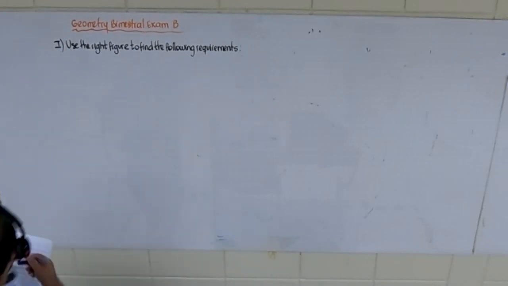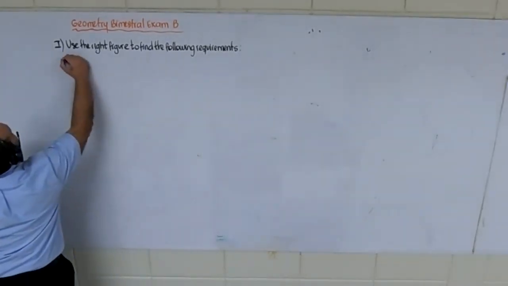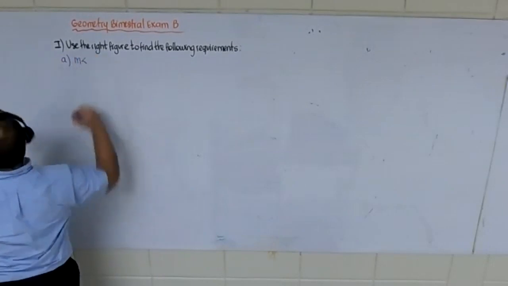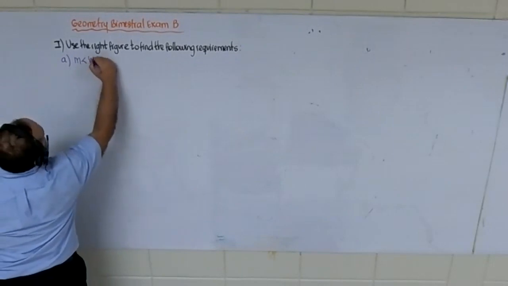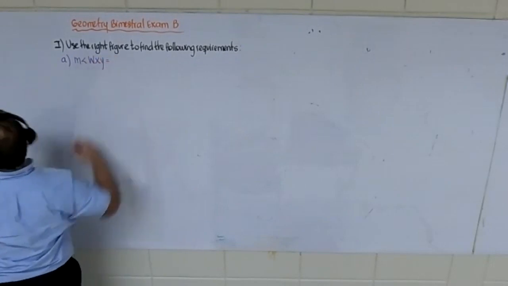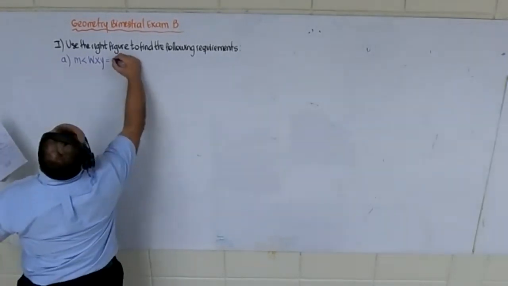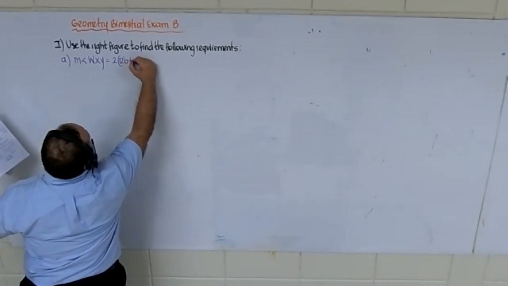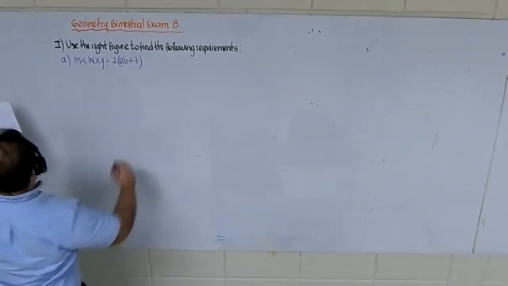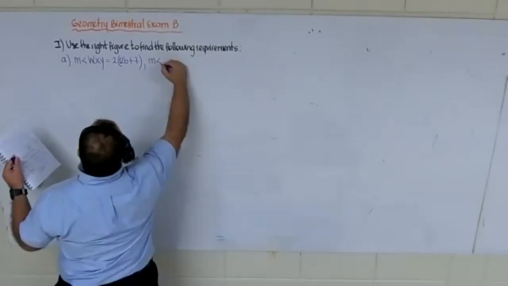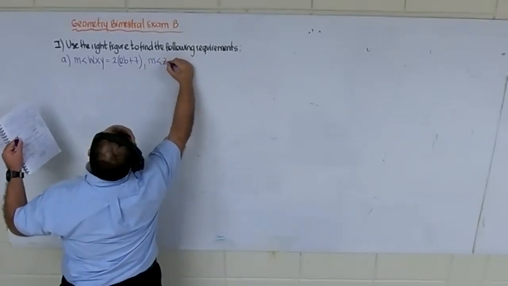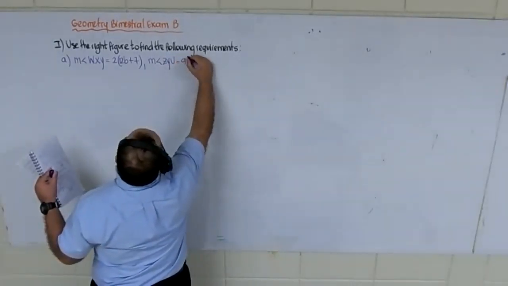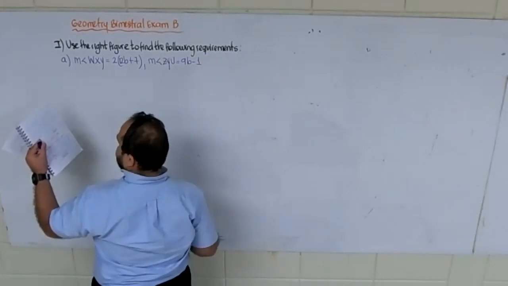All right, the letter A. The problem says we have the measure of the angle WXY equal to twice 12B, sorry, 12B plus 7, comma, the measure of the angle CYU given by 9B minus 1.